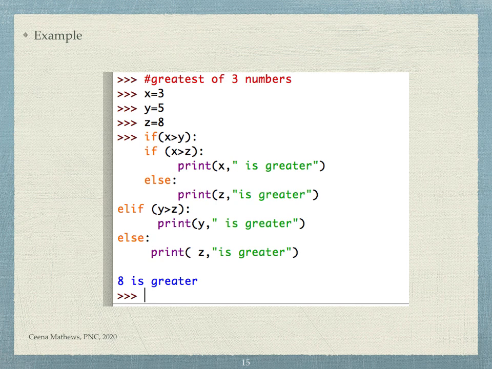If this condition is false, then it will print z is greater. Since here z is 8, it is greater than x and y, so it will be printed as 8 is greater. Hope that is clear.